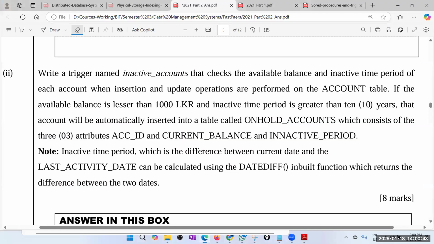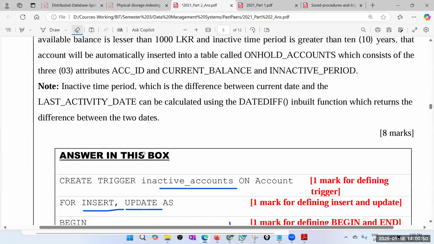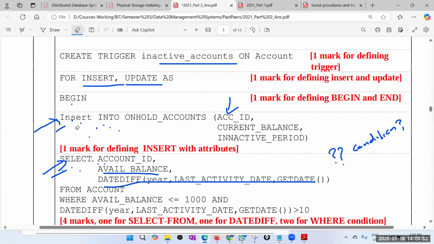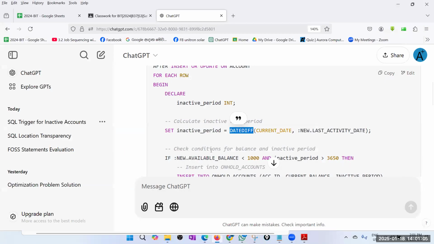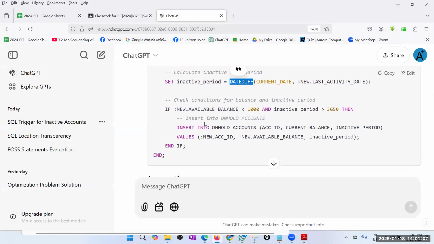And I feel like this is an incomplete answer because you have isolated insert and select and no connection between those. So this must be above and not just a select statement. It must be something like this. Of course, date difference, you can get it.